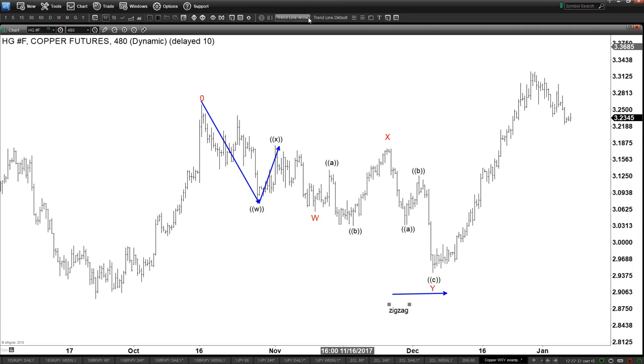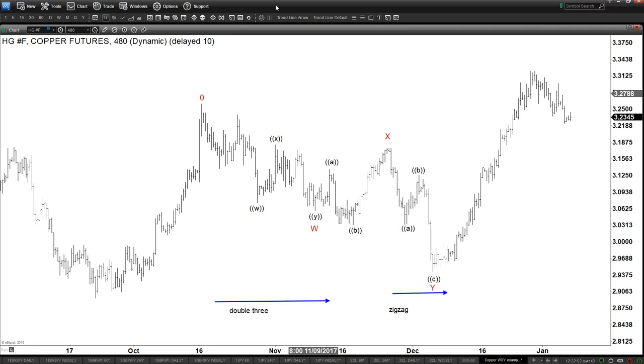And then on the left side, we've got a double 3, right? You can see here, the left side, the subdivision of the wave W is in another WXY of a lower degree. And why is it a WXY?